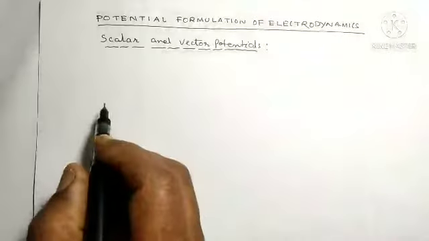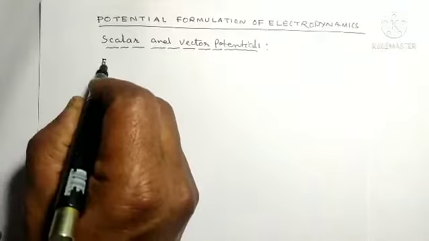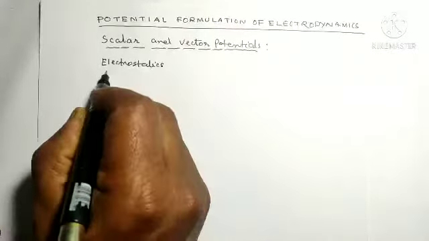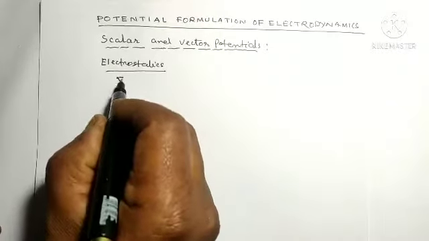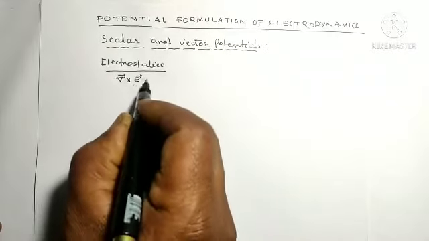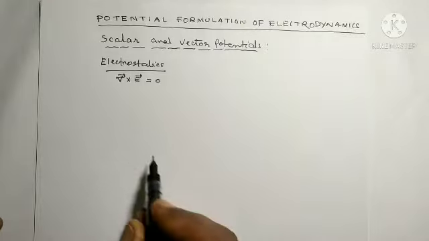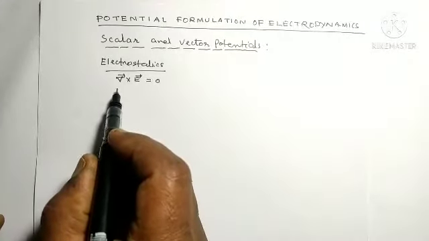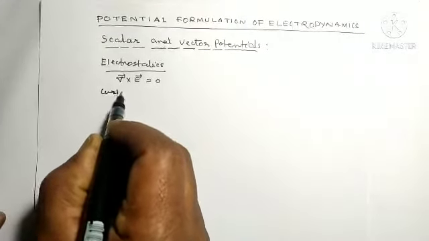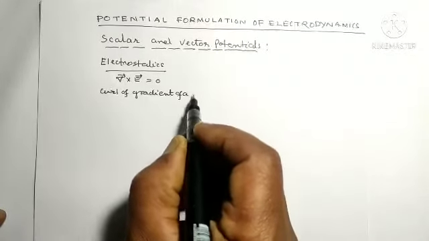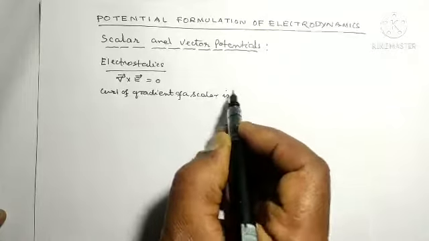In electrostatics, curl E is equal to 0, where E is the electric field intensity. The curl of the electric field intensity in electrostatics is 0. So we know that the curl of the gradient of a scalar is 0.